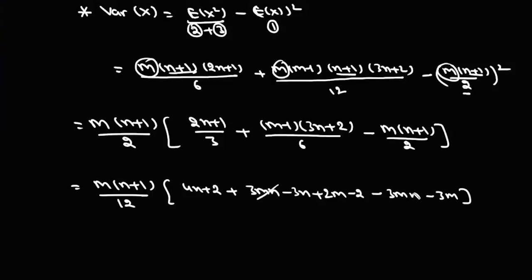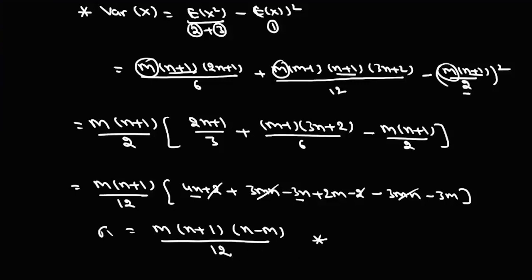Now this 3mn will cancel, this plus 2 will also cancel, so here we'll have 4n minus 3n, n minus m, so that will be simply m into n plus 1 into n minus m whole divided by 12. So that's the required variance.